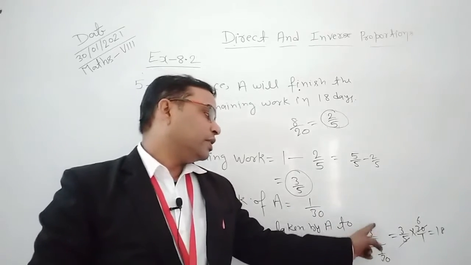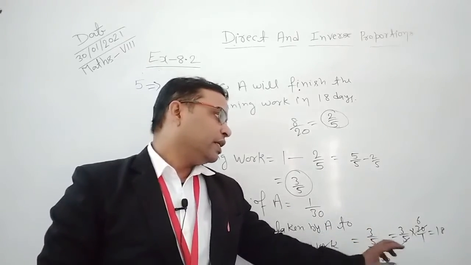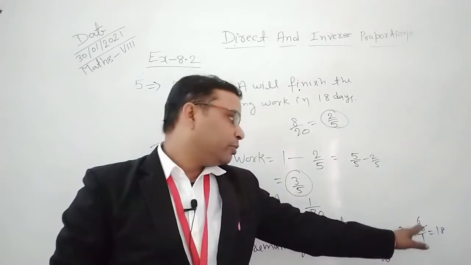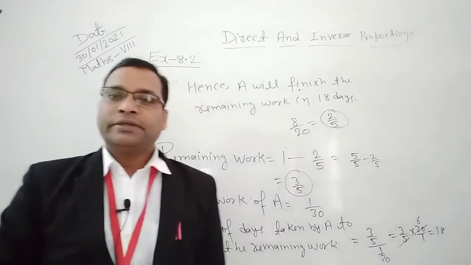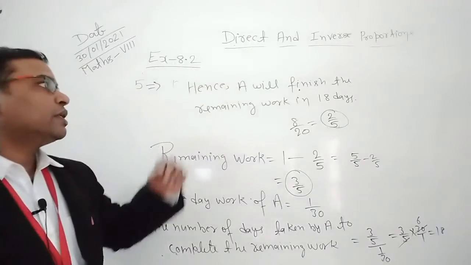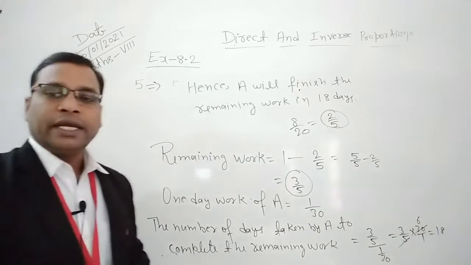This is 3 by 5 upon 1 upon 30, then this becomes 3 by 5 into 30 by 1. If you simplify this, then you get 18 days. So at last you can write: hence A will finish the remaining work in 18 days.